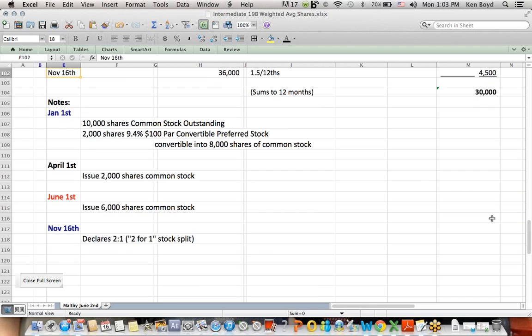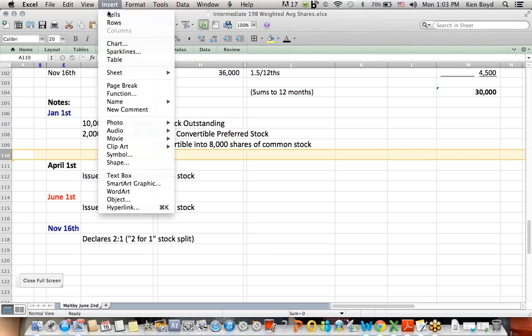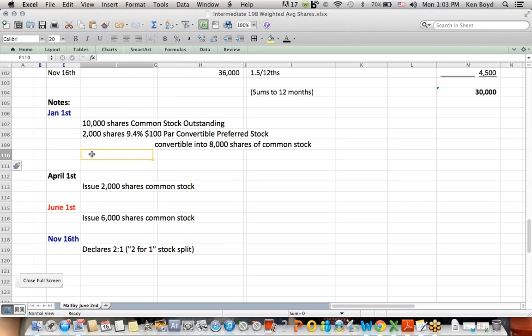So, January 1st, we have 10,000 shares of common stock outstanding. We also have 2,000 shares of convertible preferred stock that can be converted into 8,000 shares of common stock. And I'm going to add in here that we also have 2,000 stock options outstanding that can be converted into common stock.